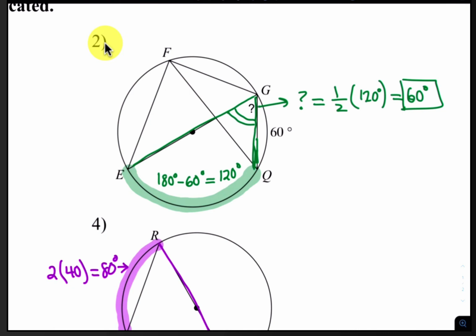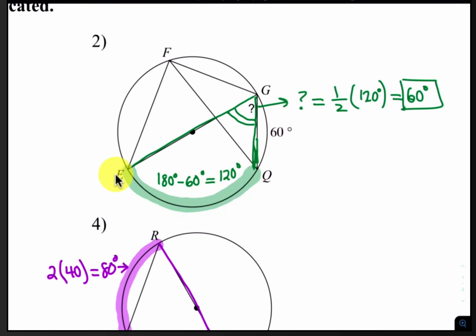Let's look at number 2. We're trying to find the question mark, which is this inscribed angle. To figure out that inscribed angle, first we would want to figure out the arc that covers that angle. The arc is going to go from E to Q. To figure that out, we know that the arc from E to Q to G is 180 degrees.